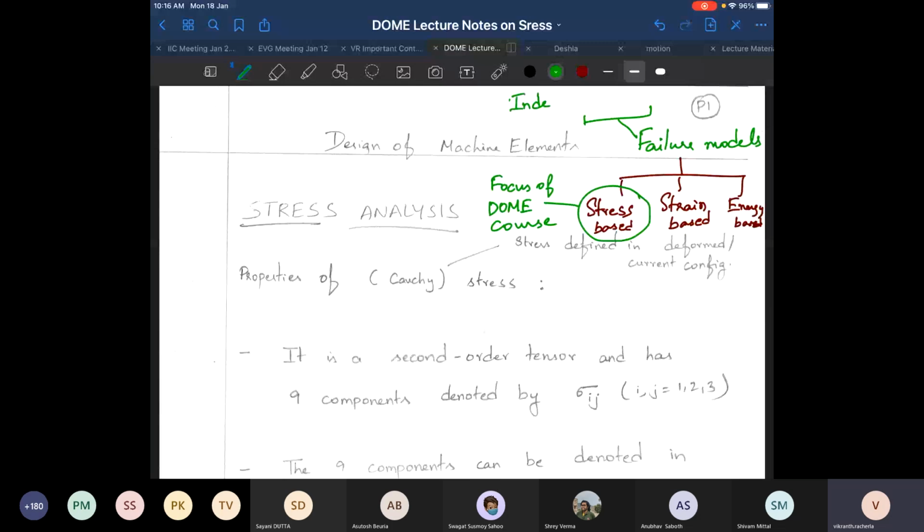Whatever model we propose, we need it to be independent of coordinate system.